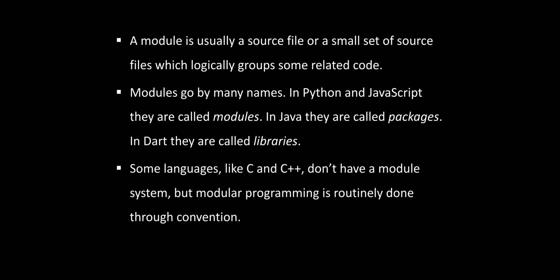Modules may consist of source files, a small set of source files which include some logical code. Modules are called by many names: in Python and JavaScript they are called modules, in Java they are called packages, and in Dart they are called libraries.